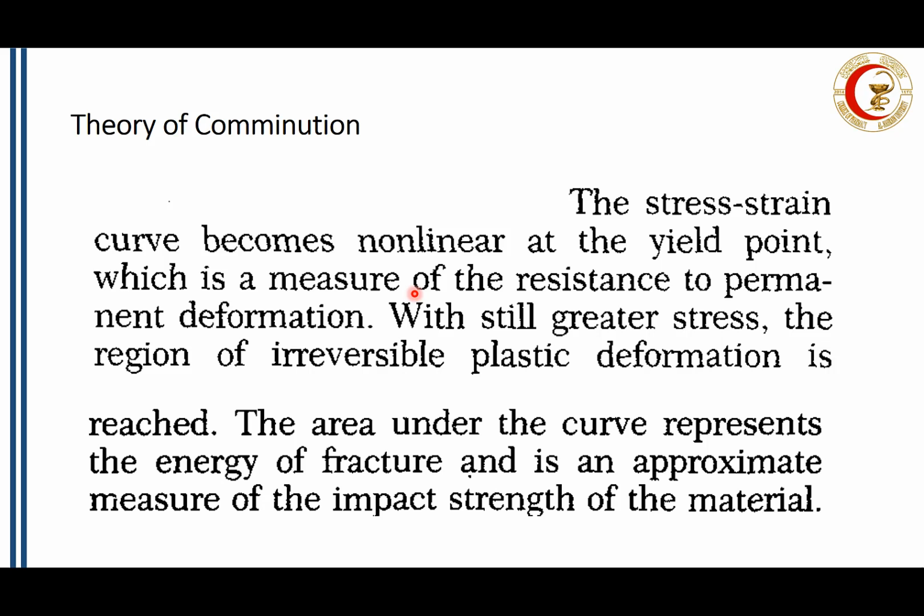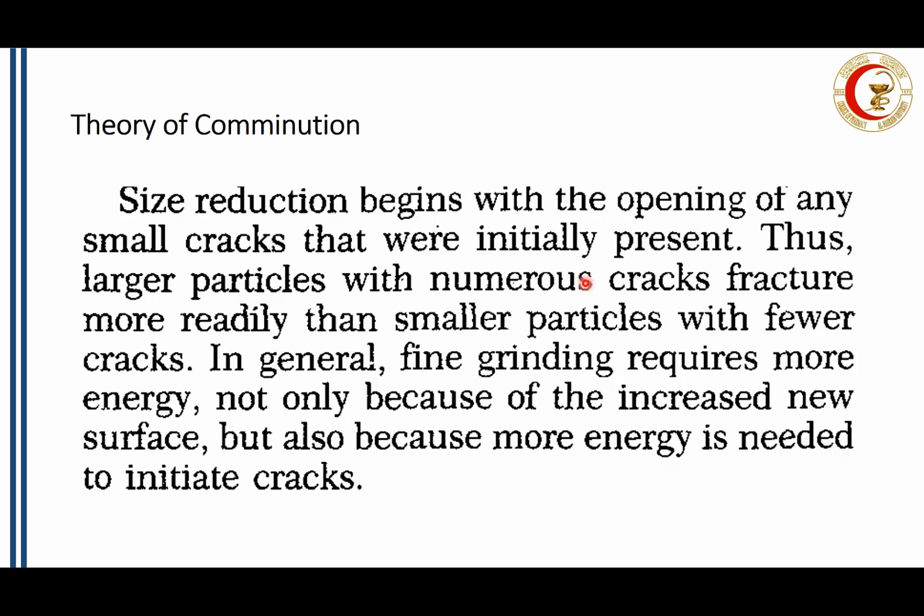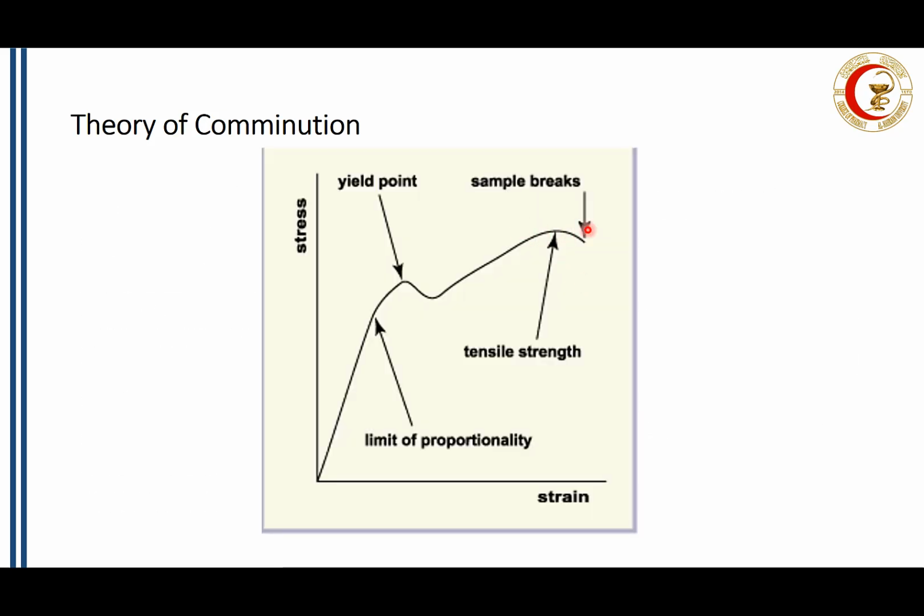After increasing the stress, we will reach a point of deformation. After the yield point, and as the resistance increases, we will reach what is called the irreversible, plastic deformation point. Here the sample breaks. This is the point where the particles break into smaller particles. This is the reversible portion.